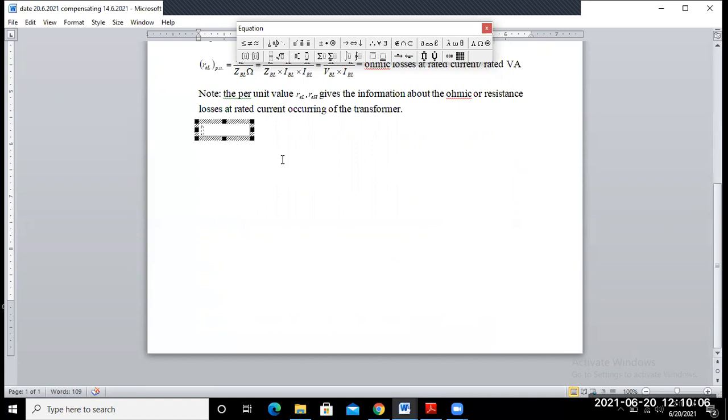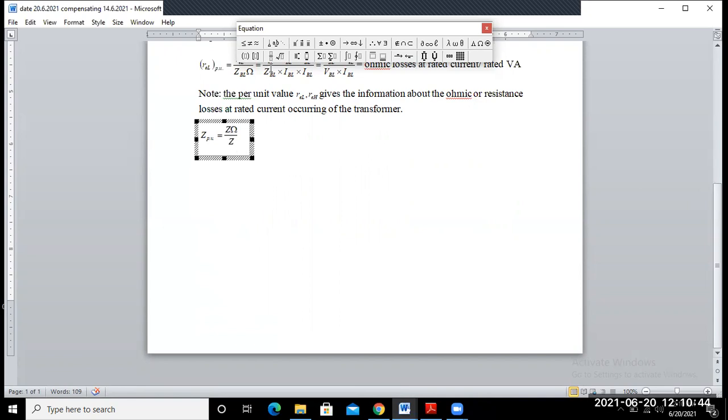So we can write here Z per unit value equal to Z in ohm divided by base impedance value in ohm.